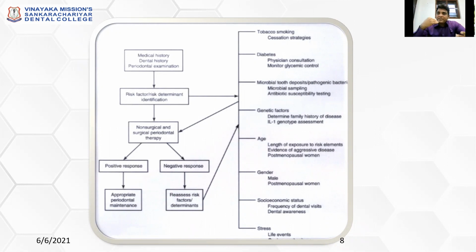We take a regular medical history, dental history, and a periodontal examination in the form of gingival status and periodontal status. Everything will be taken. And what we are saying now is, instead of directly jumping to management, check the risk assessment before diagnosis or prognosis.